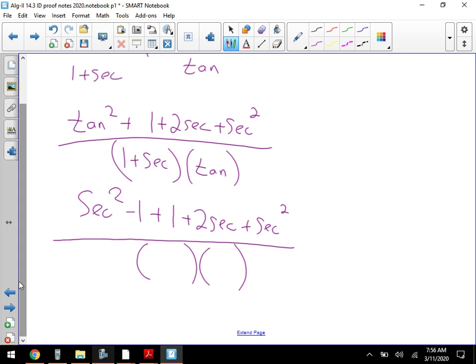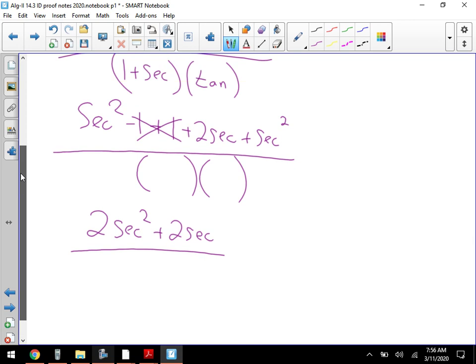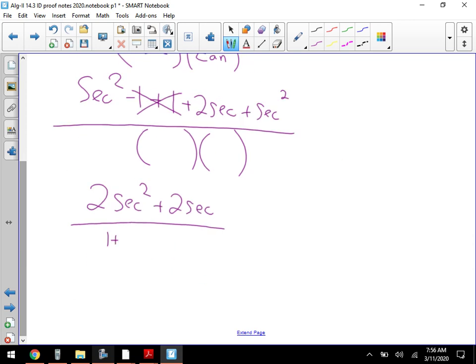When you combine your like terms in the numerator, the ones go away. 2 secant squareds, 2 secant. Where's the 1 plus? Okay with that? What's the GCF of the numerator?